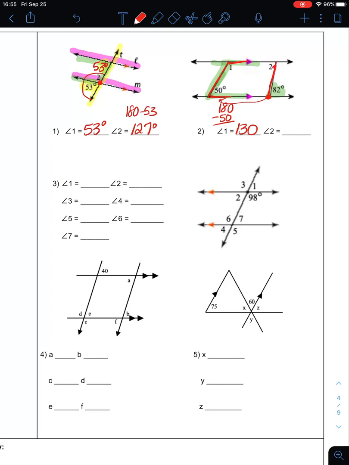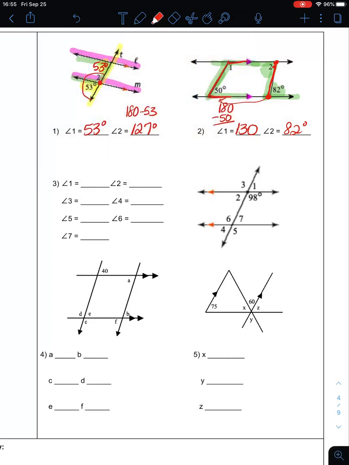We need to deal with parallel lines. So we're going to take this point and push it up here to angle 2. What I see is that angle 2 is on the other side of the transversal, and it's interior, and alternate interior angles are congruent whenever the lines are parallel. So that means that angle 2 is 82 degrees.